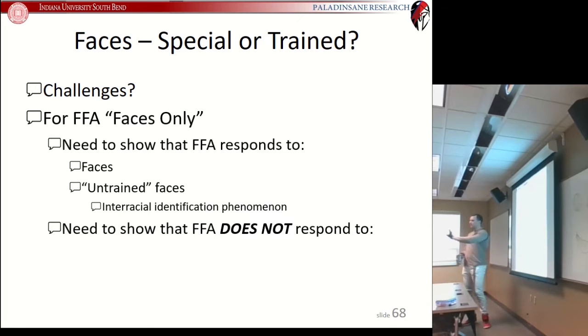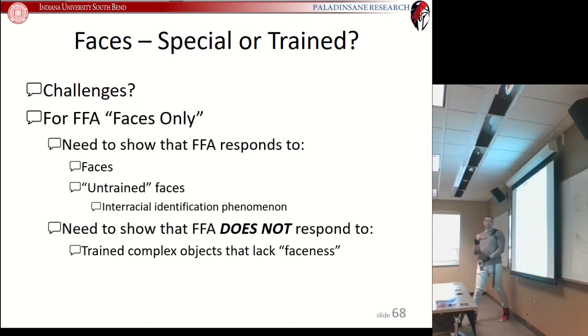And we would need to show that the fusiform face area does not respond to trained complex objects that lack faceness. This would be a real challenge, to come up with trained complex stimuli, none of which have that facial quality. So take a look at cars, get rid of all the cars that might have faces. Take a look at houses, get rid of all the houses that might have faces in them.